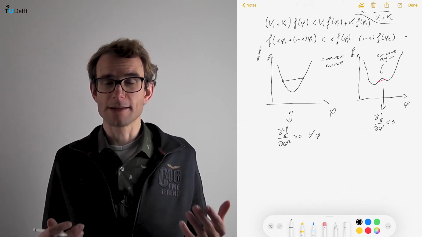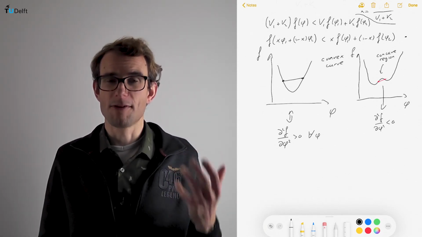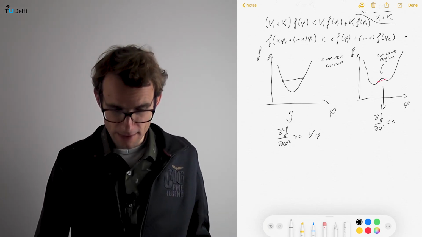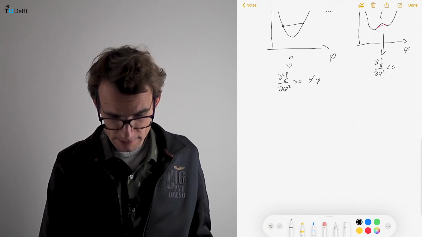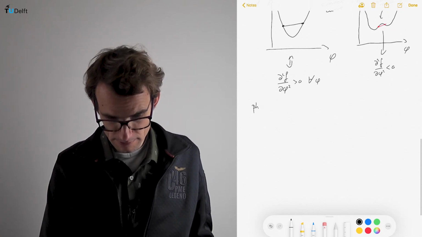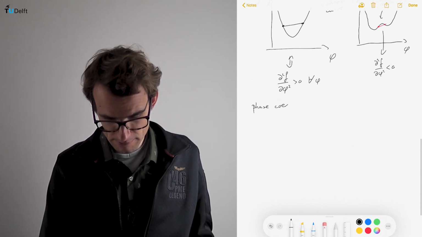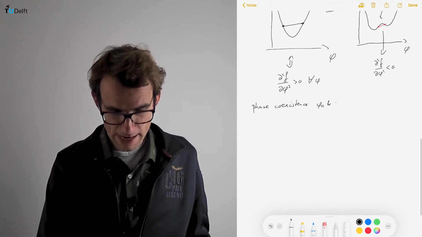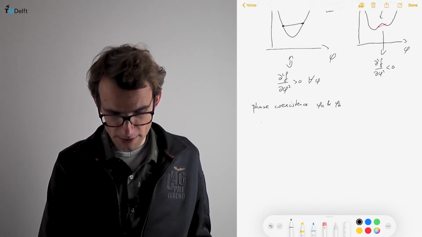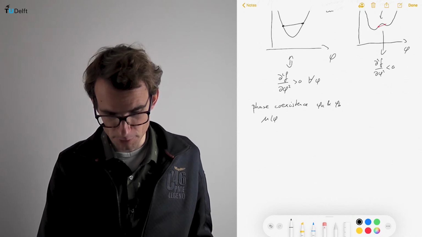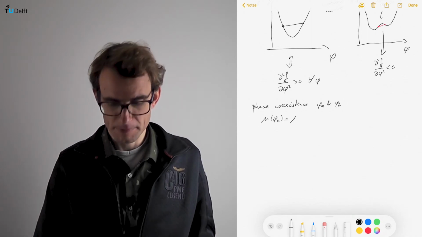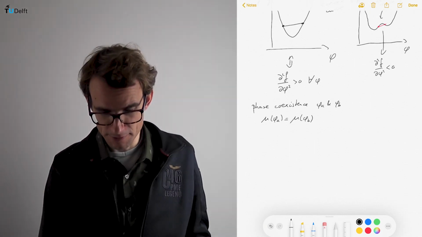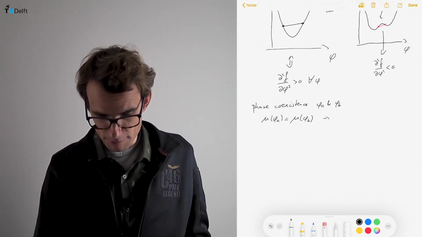So we're going to get two concentrations, let's call them phi A and phi B, at which we will have phase coexistence. We will have that the chemical potential at phi A equals the chemical potential at phi B, which means that, well, the chemical potential is simply the derivative, that f prime.